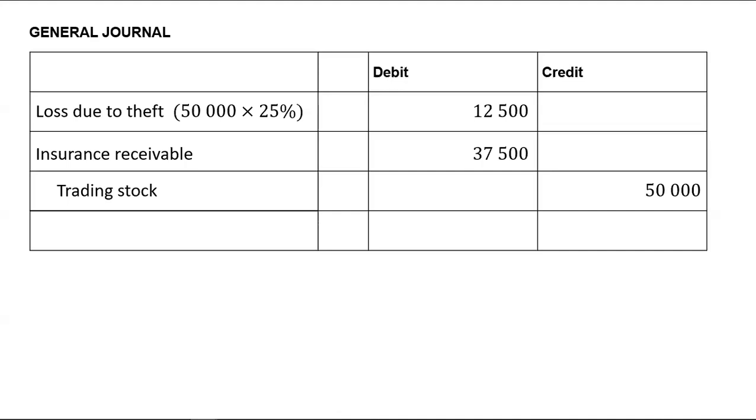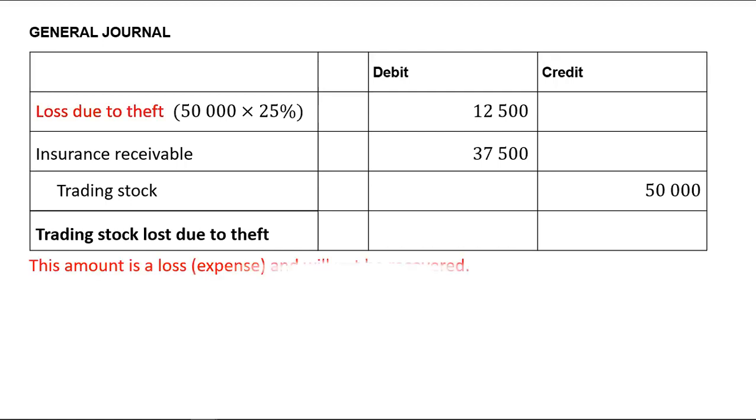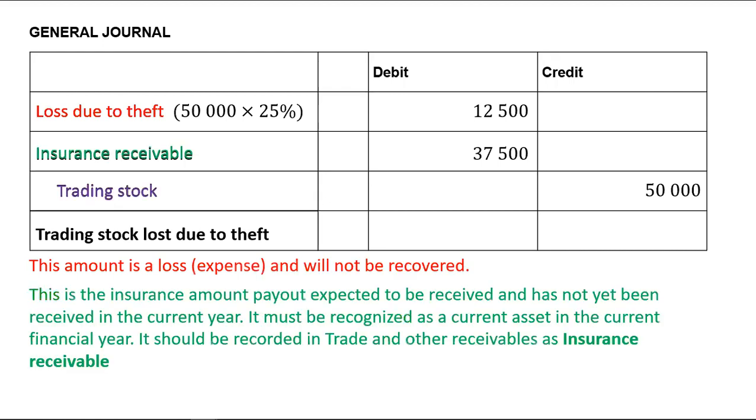And this is trading stock lost due to theft. And here are details as to why we debited loss due to theft, why we debited the insurance receivable, and why we credited trading stock.